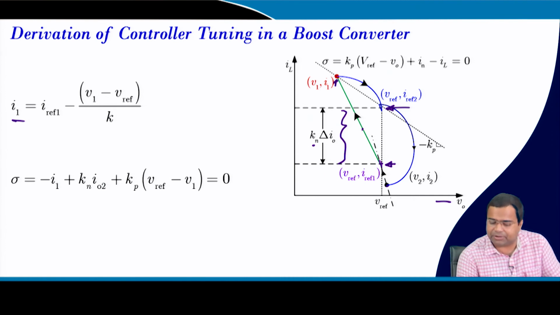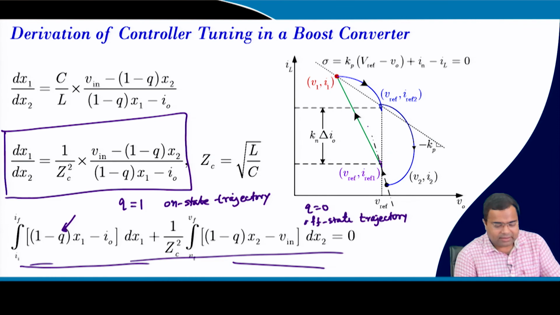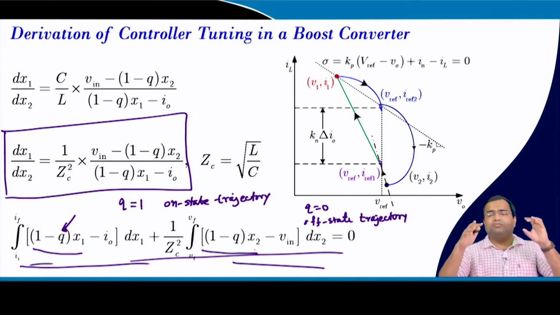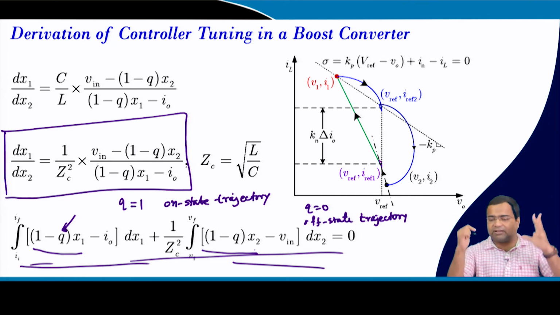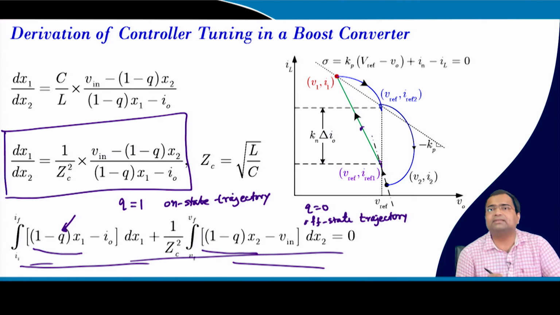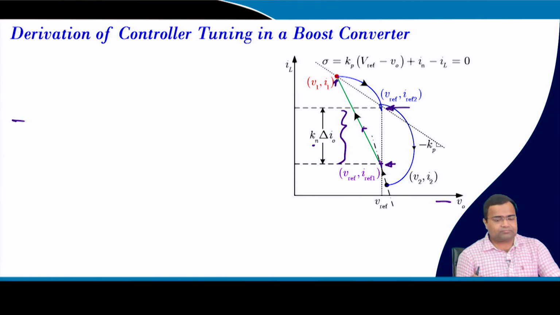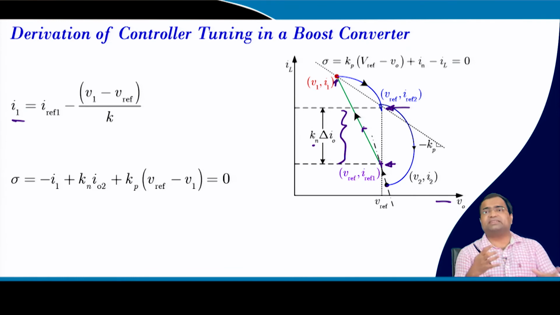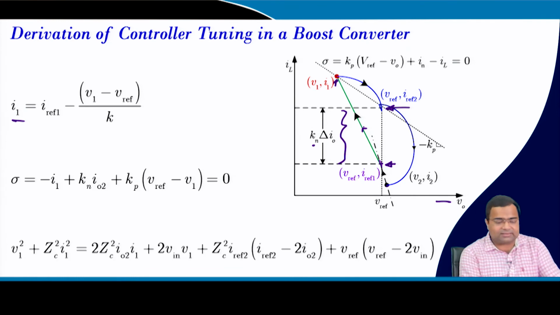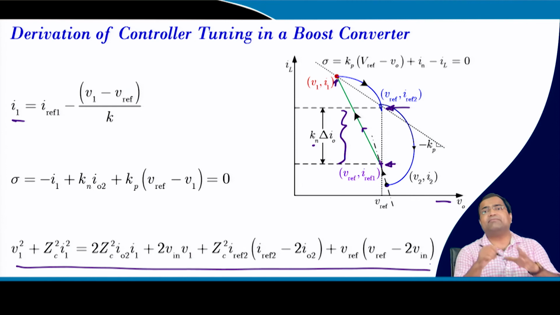This equation is simple because it is a straight line equation: if you substitute Q equal to 1, this term will vanish, this term will vanish. So, it will look like a first order equation, like a line, not passing through the origin, but with a negative slope. But the off state trajectory equation will be somewhat complex, that is why we are not deriving it fully.